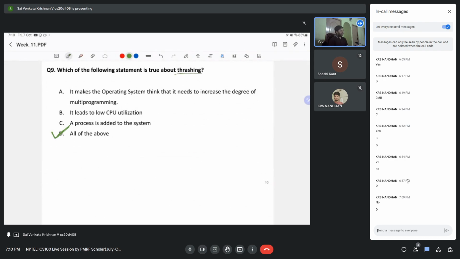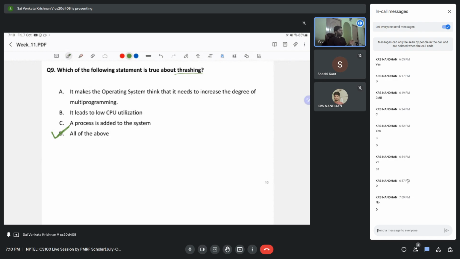Thrashing is nothing but when your working set, the pages that are actively being used, cannot fit into your frame count. In that case it leads to a large number of page faults.